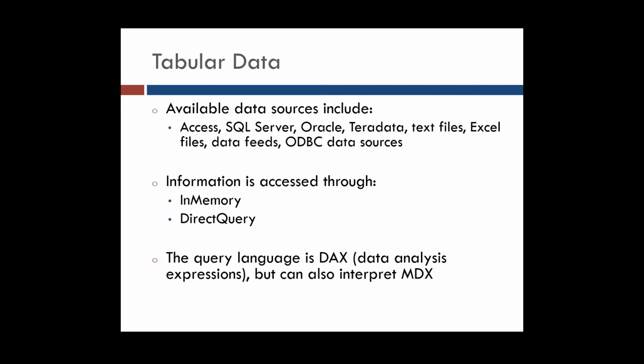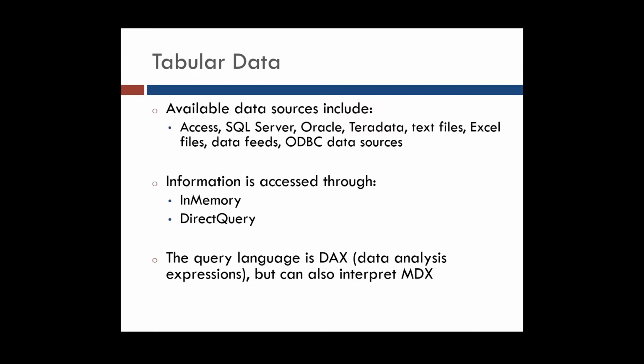And the way that they store the information within the tabular model is through two different options, with some variations. But in general, you've got in-memory, where you bring all of that information into the memory of the server.